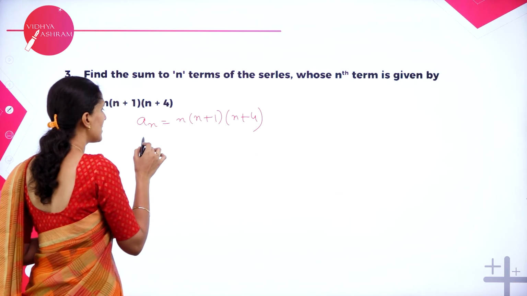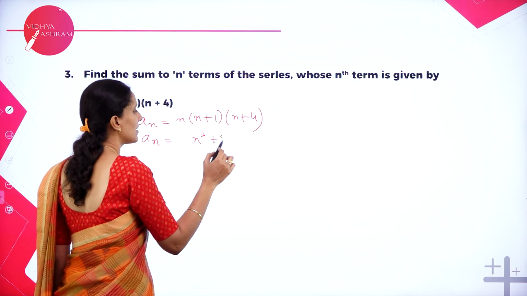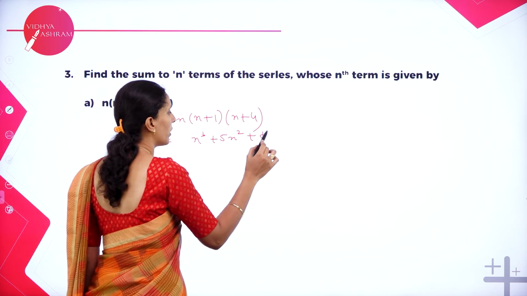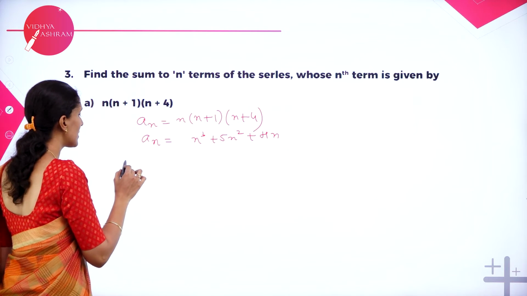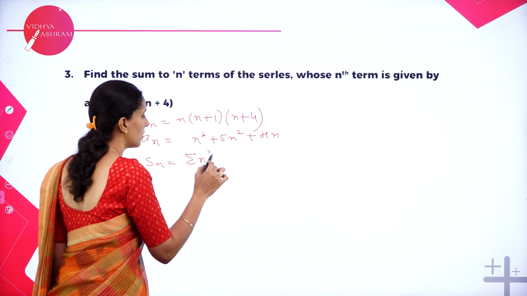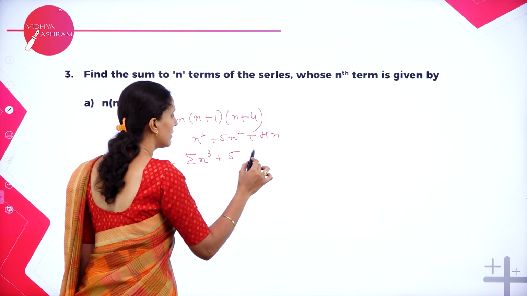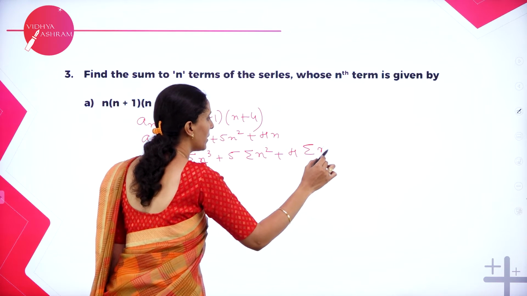so multiply this, you will get an is equal to n cube plus 5n square plus 4n. Apply the summation. Summation of an is nothing but Sn. So summation n cube, 5 you can take outside, summation n square, 4 you can take outside, summation n.